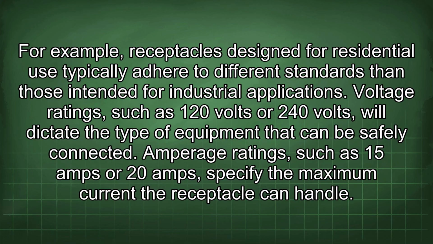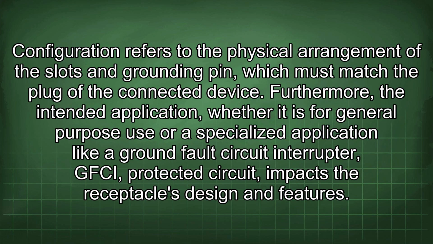Voltage ratings, such as 120 volts or 240 volts, will dictate the type of equipment that can be safely connected. Amperage ratings, such as 15 amps or 20 amps, specify the maximum current the receptacle can handle. Configuration refers to the physical arrangement of the slots and grounding pin, which must match the plug of the connected device.